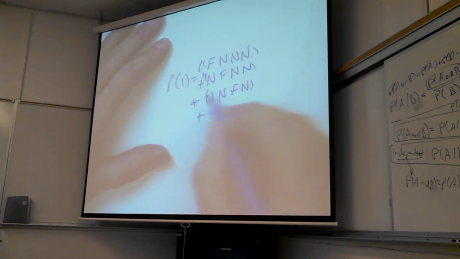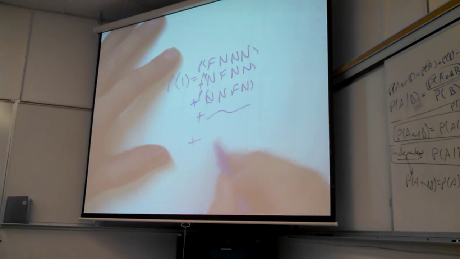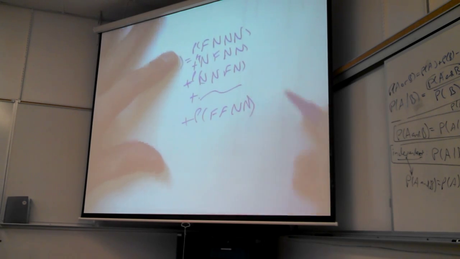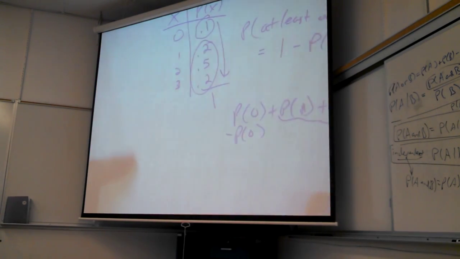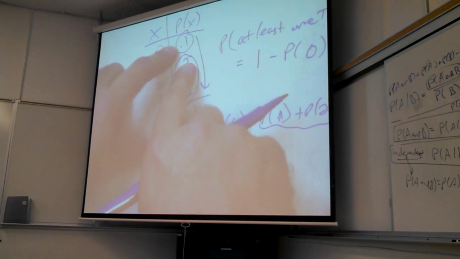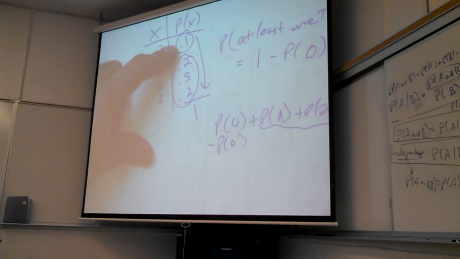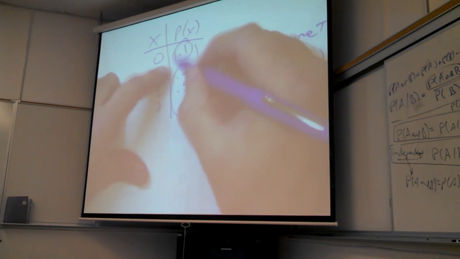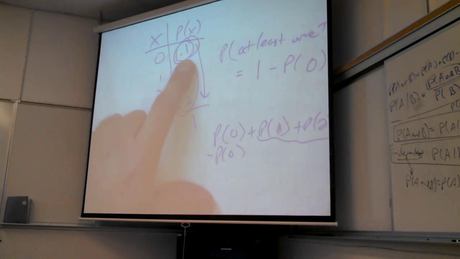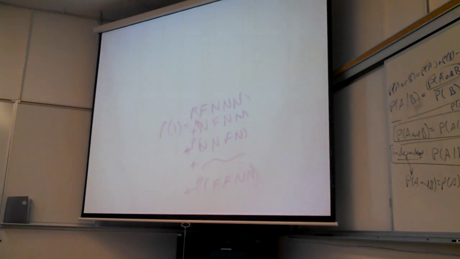I'd have to calculate each one of those and another one plus 2. Maybe the first 2. Do you start to understand how much work there is? That's not a lot of work here, but what if this table was really long? That would be kind of a lot of work. Instead, I could just do 1 minus this. And mathematically, of course, they equal each other, because together they make 1. So 1 minus a piece of it will be the rest of it. That only makes sense, is my hope.